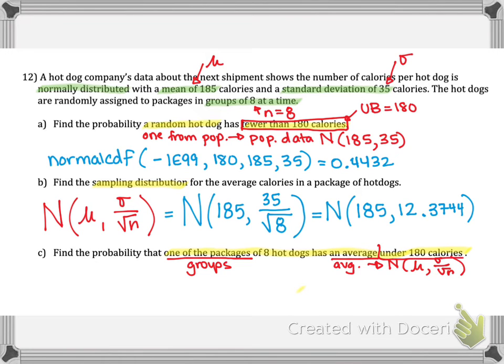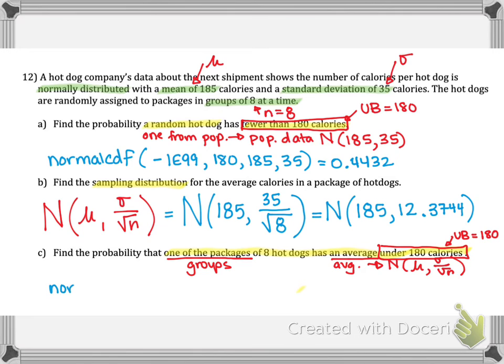And then the language under 180 calories is the same as fewer than 180 calories. So they're again giving me my upper bound as 180. Sorry, I think I just said 100. So we want to replace the old standard deviation with the new.